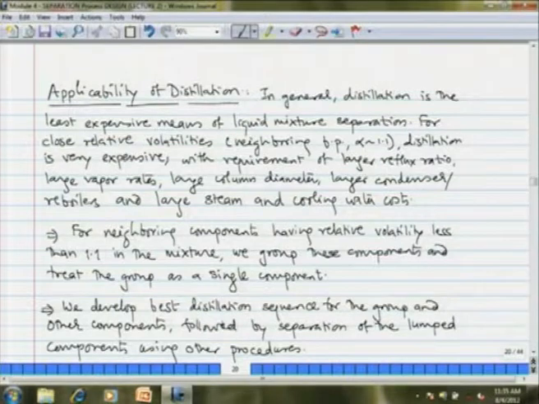So, distillation has that limitation. As alpha becomes closer to 1, like 1.1, 1.2, you have the problem that a very large number of plates would be required for separation of the mixtures.